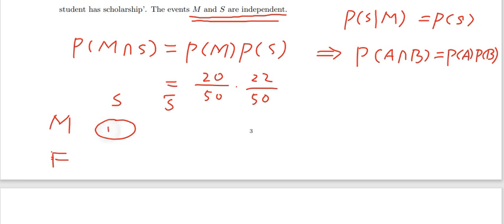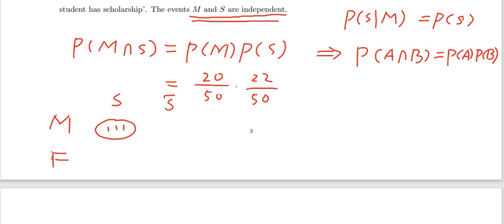Then what is this number here? How many male got a scholarship? So this equals the probability multiplied by the total. Here we do not consider conditional probability. We say M and S is this probability. So here the total is 50, right?